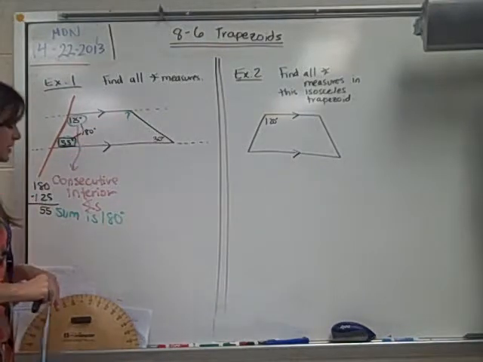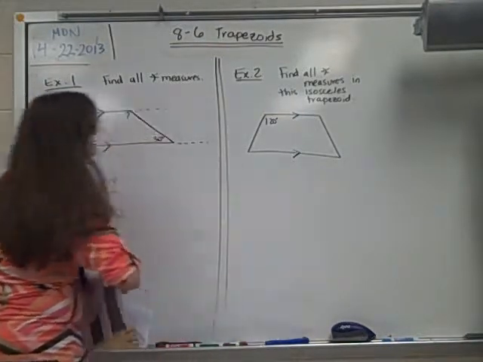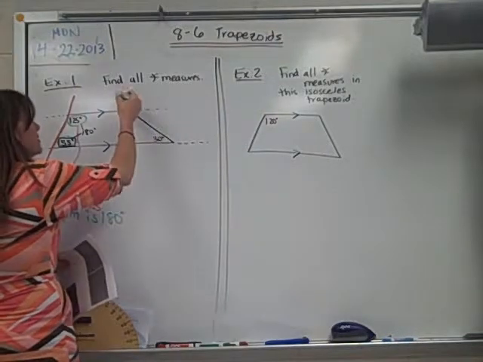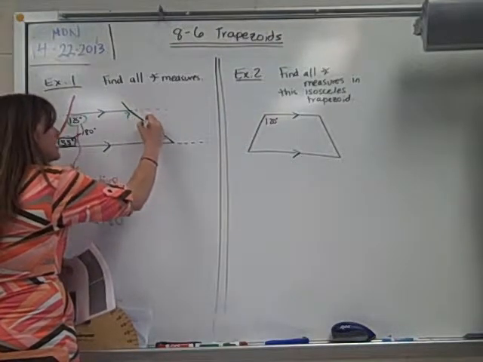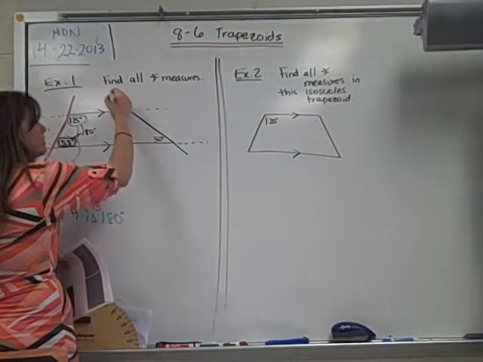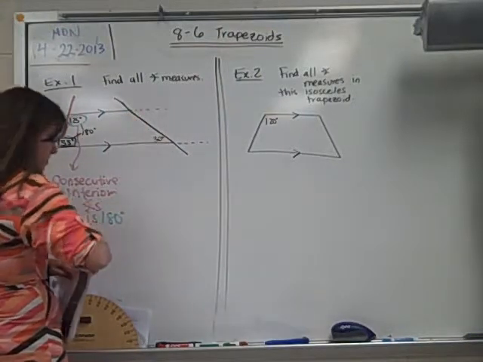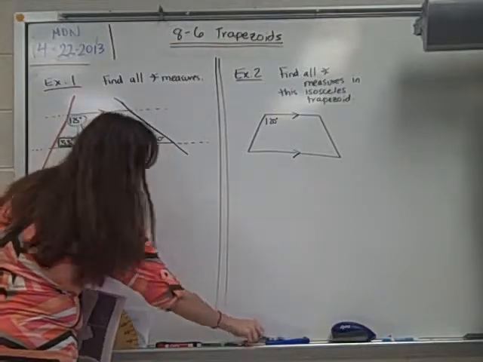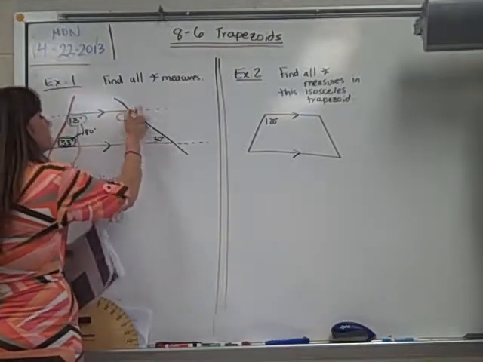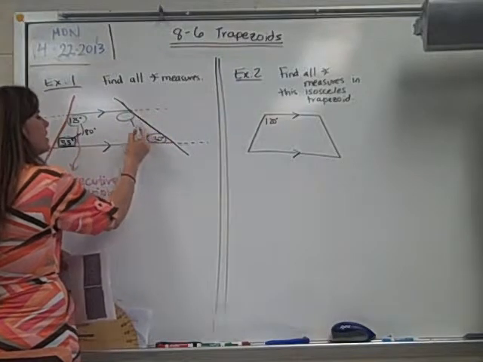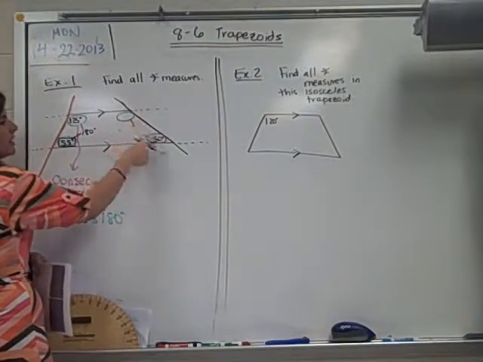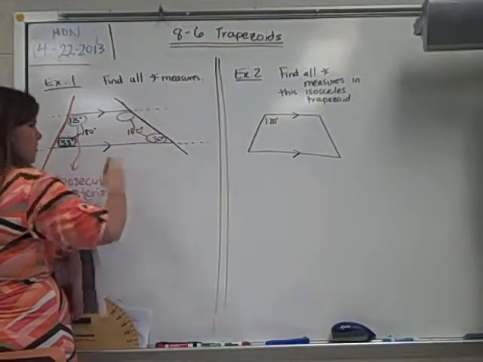Up here, can we use the same logic to solve for this one? But you got to look at your other transversal. Do you see this other side is acting as a transversal? So how are we going to find what this other angle should be? I'll circle this pair with my brown marker. Consecutive interior angles, again, your total's got to be 180.